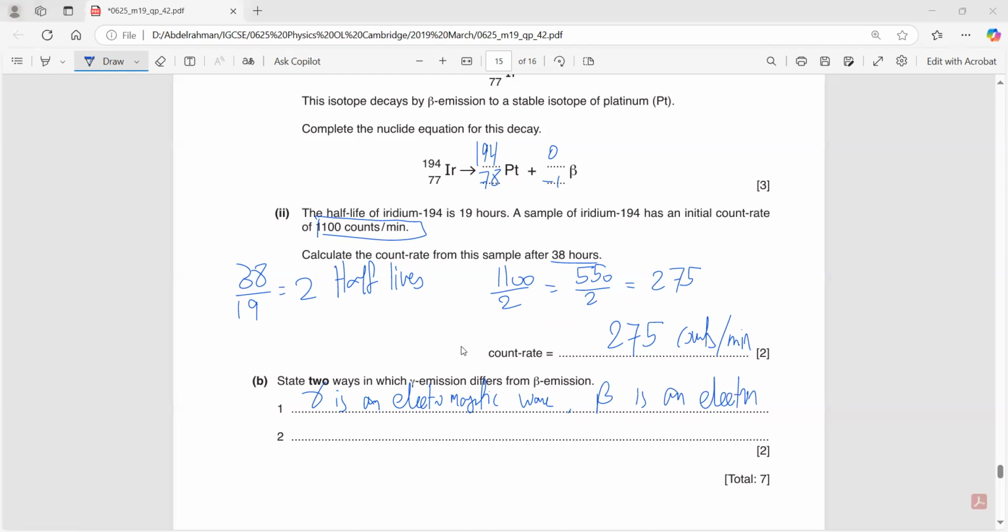You can say that gamma is uncharged, while beta is negatively charged. So you have several differences.